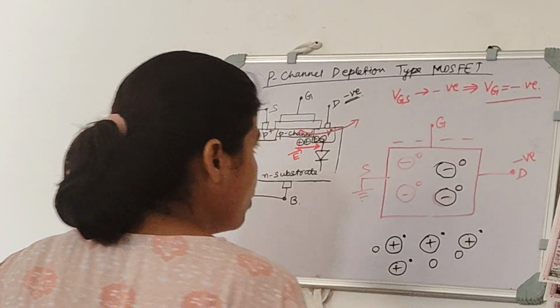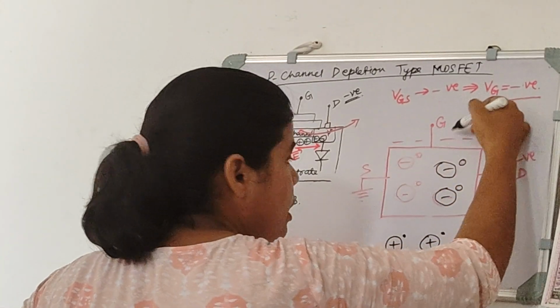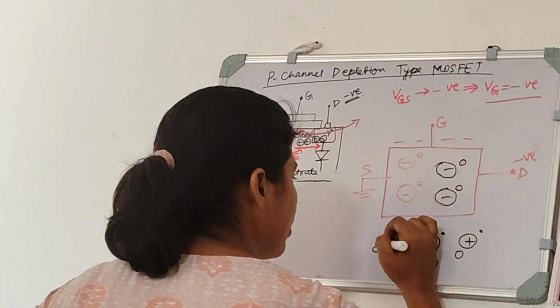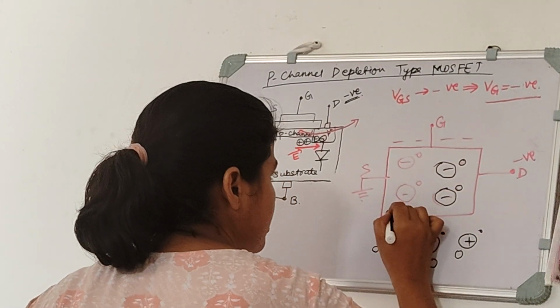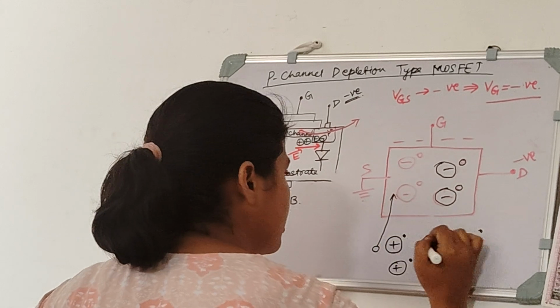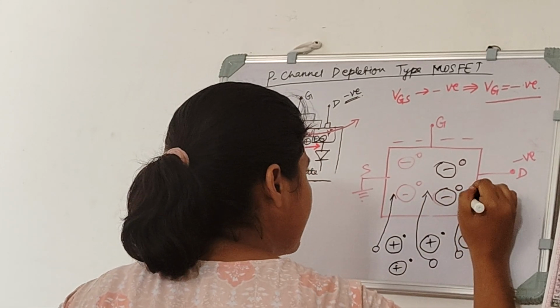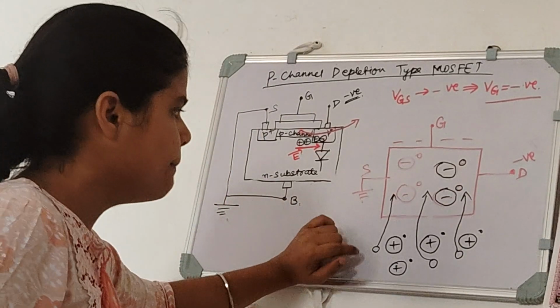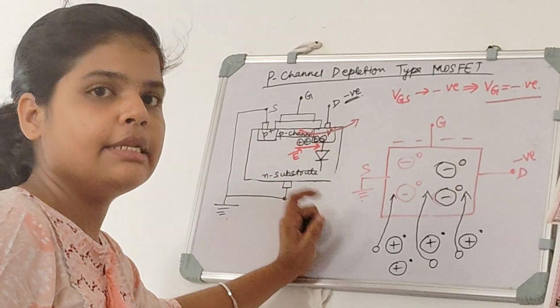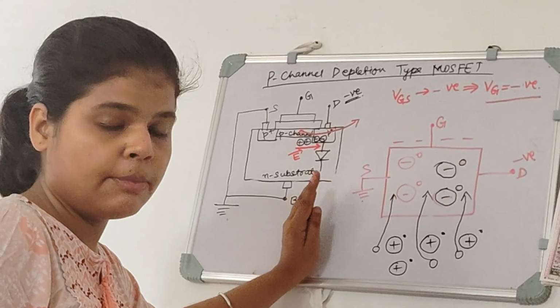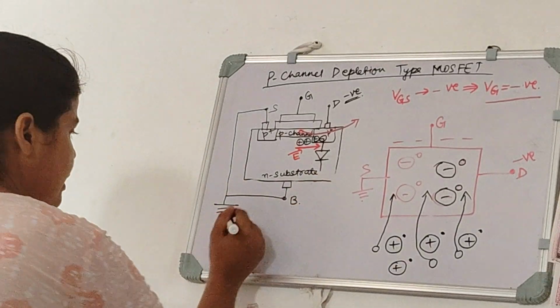Now, because this voltage is negative, it will attract these minority holes from the substrate towards the channel. So these holes of the substrate will be attracted towards the channel, and the number of holes in the channel will increase. And due to this increase in the number of holes, our channel gets wider.